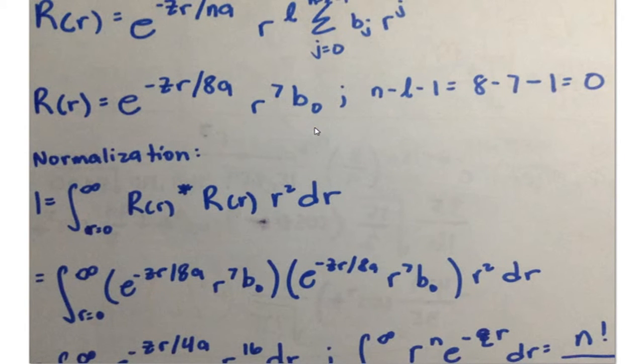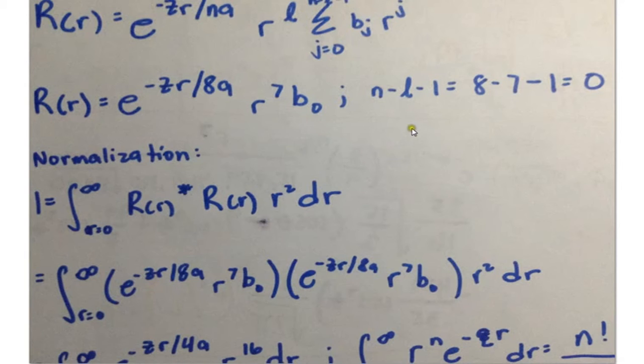Then lastly, we'll be solving for R, or the value for R. R is equal to negative Zr over na times r raised to l, summation of bj rj, from j equal to 0 to the value we get from the answer when we subtract n minus l minus 1.